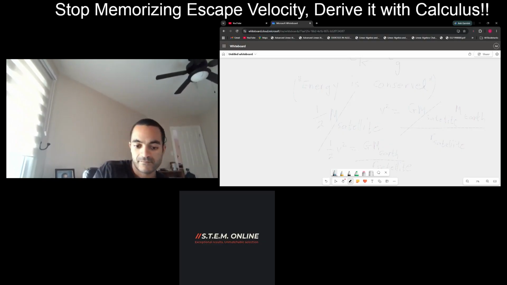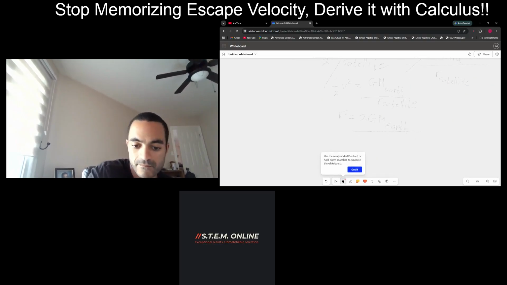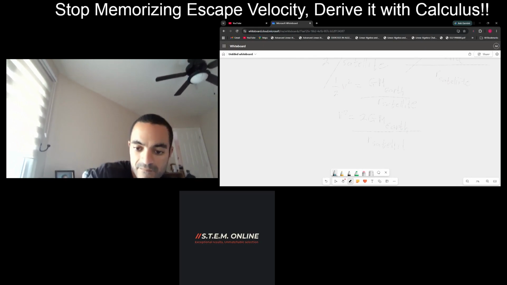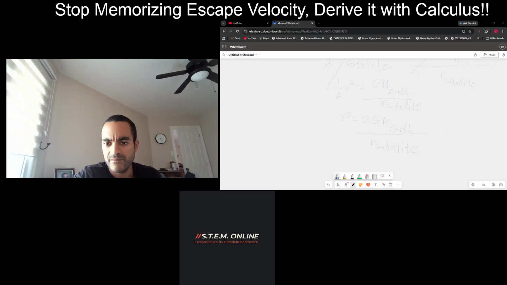Okay. So we want to solve for the escape velocity v, and here it is. We multiply both sides by 2, so v squared is equal to 2G times capital M Earth divided by r satellite.